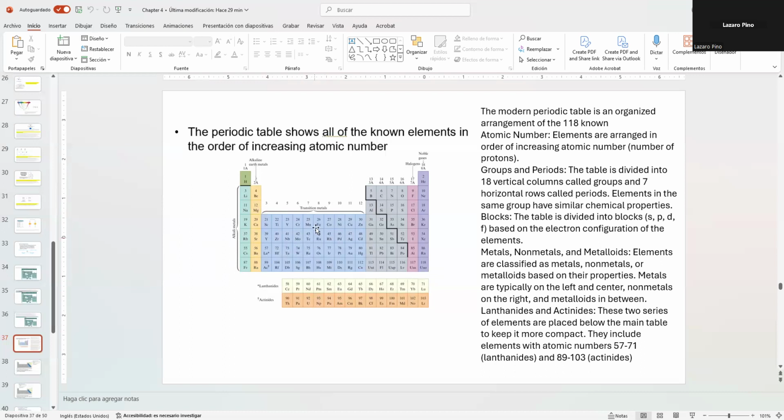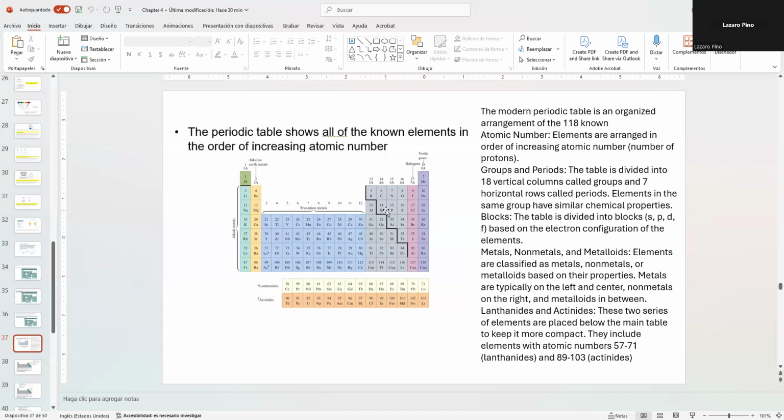The elements can be divided into the block S, the block P, the block D, and the block F, according with the electron configuration of the elements. We are going to study this in another chapter.